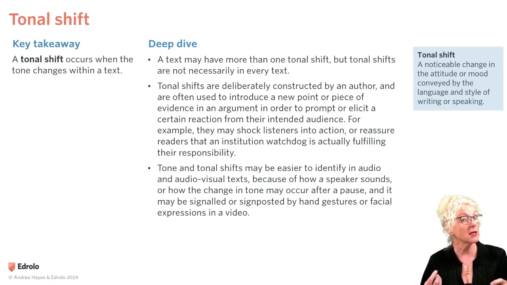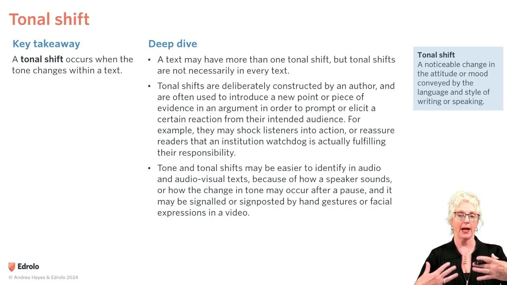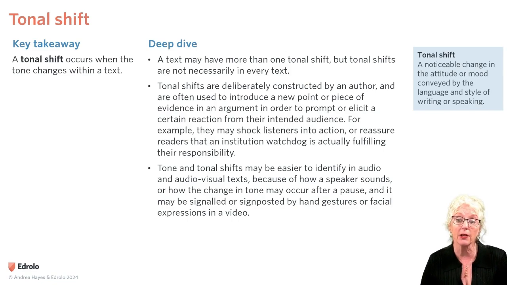Tonal shifts are deliberately constructed by an author and are often used to introduce a new point or a piece of evidence in an argument in order to prompt or elicit a certain reaction from their intended audience. For example, they might want to shock listeners into action or reassure readers that an institution watchdog is actually fulfilling their responsibility.